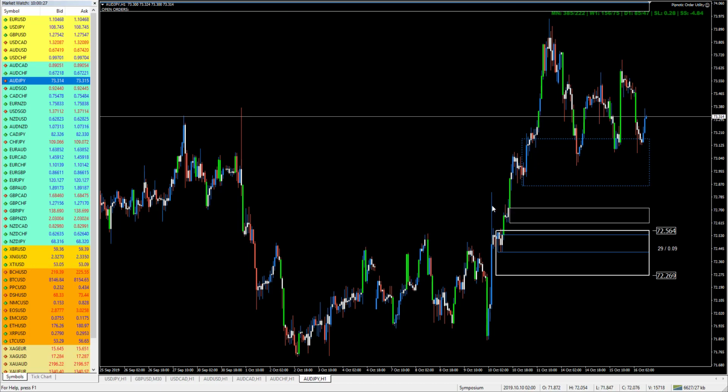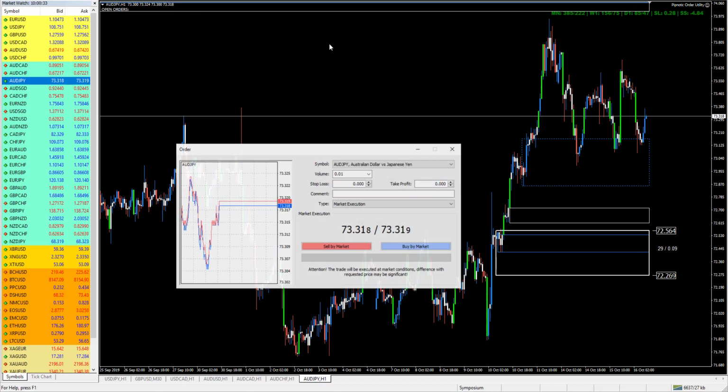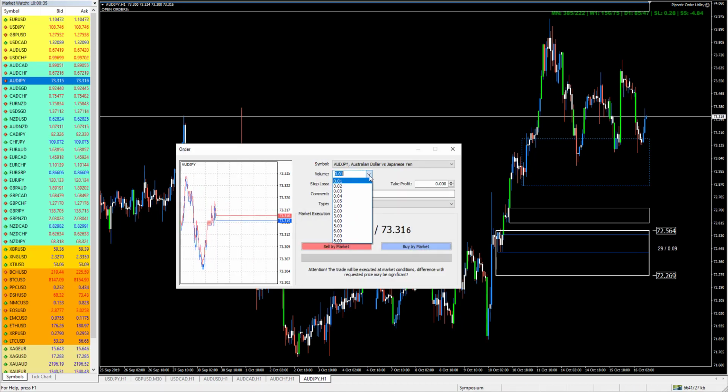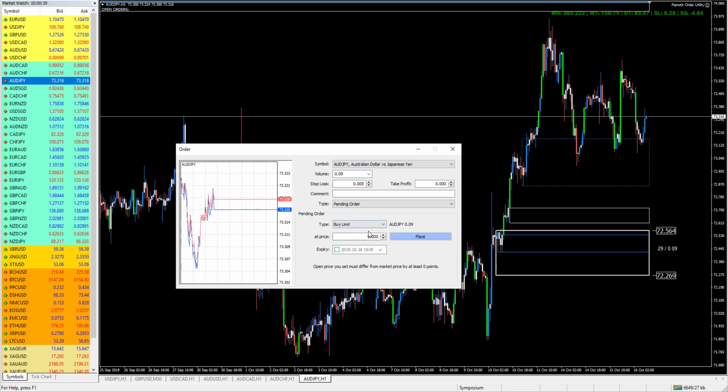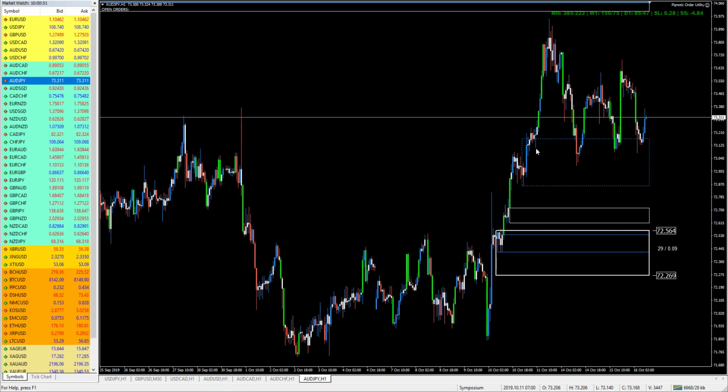So this one didn't hold. This one held. Okay, so the origin of this move is here. So I'll put that in. Pending buy 72.57.